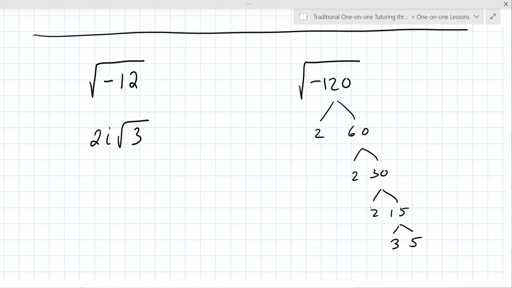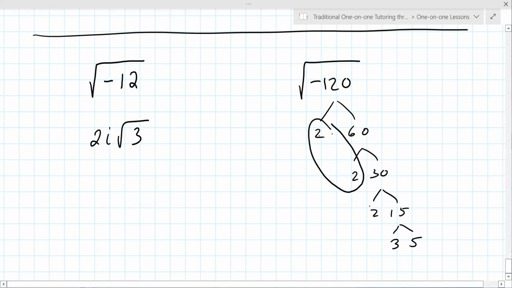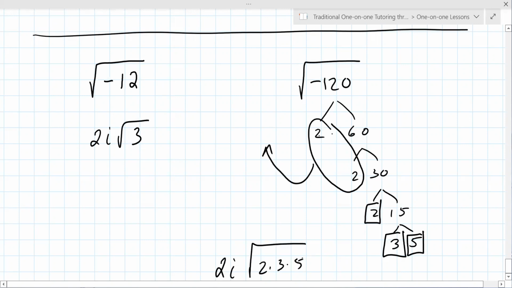So which number out of the 3 and 5 do you take? How do you know which one? You circle pairs. There's only one pair, so all the other numbers on the leaves go back inside. Oh, the 2 is the only one that comes out. There's an i, and then the 2, 3, and the 5 go back inside.